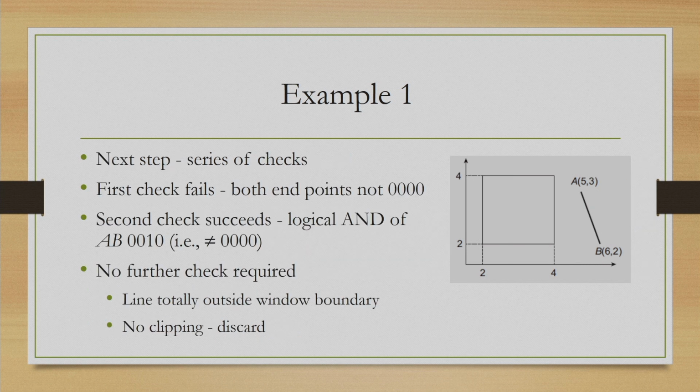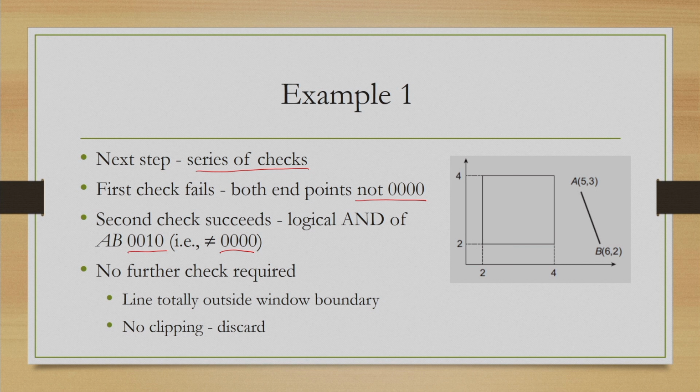Now, we go to step 2, the series of checks. The first check is whether both endpoints are equal to 0 0 0 0. Now, they are not 0 0 0 0, so the first check fails. The second check is if their logical AND is not equal to 0 0 0 0, which happens to be true in this case.